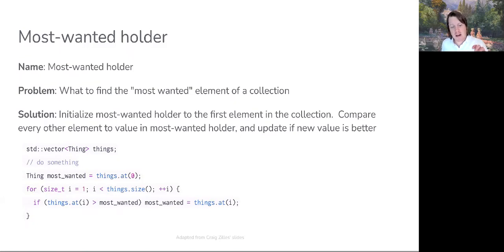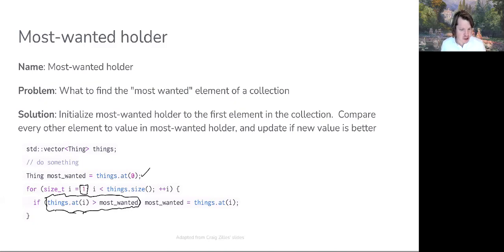And then we'll compare that element to every other element within it. So notice here, we've already got that at position 0. So we'll begin our iterative statement at index 1, and then we can do whatever it is to determine whether or not we've found a more wanted or more desirable object within that collection.